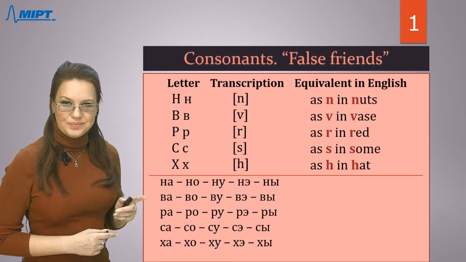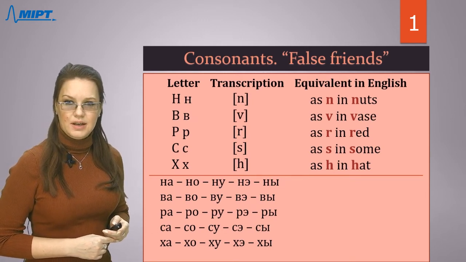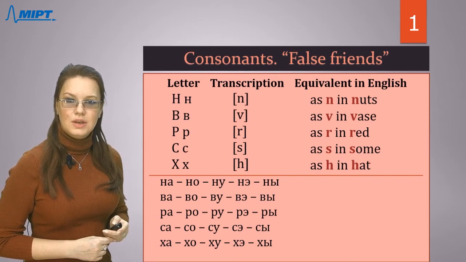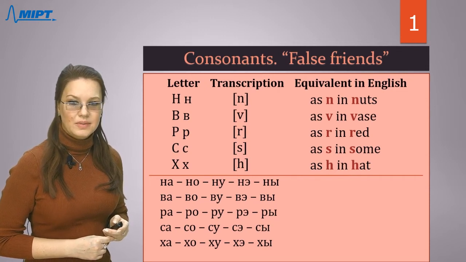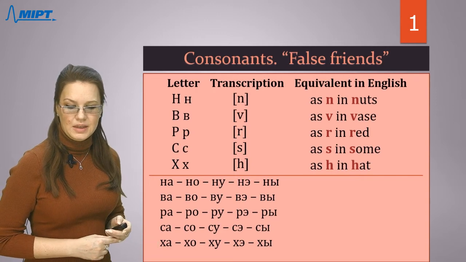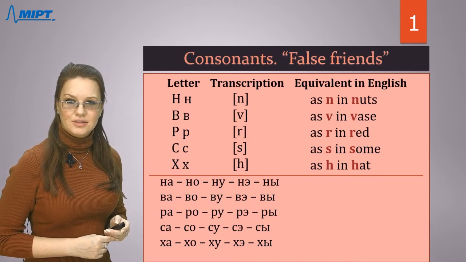The next letter and the next line is this one. Sa, so, su, se, si. Just sound s. And the last one. Ha, ho, hu, he, hi.